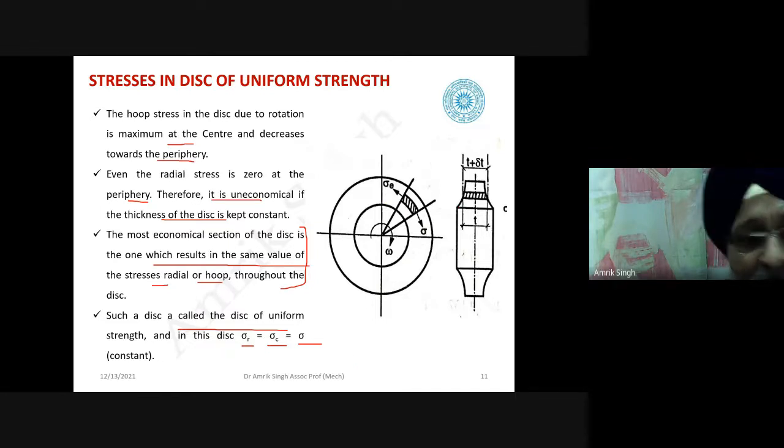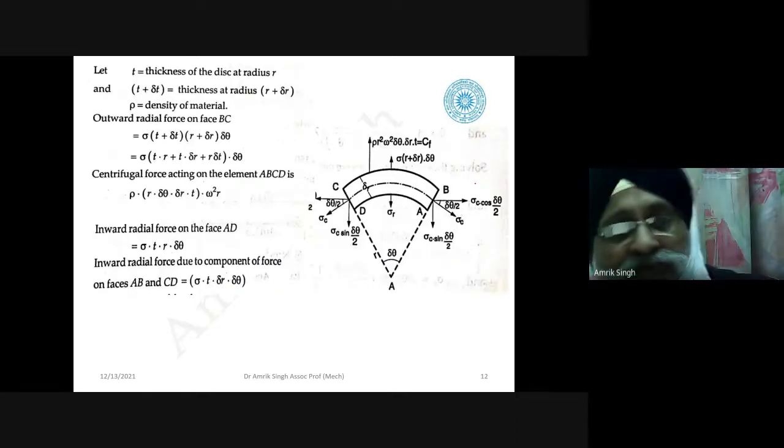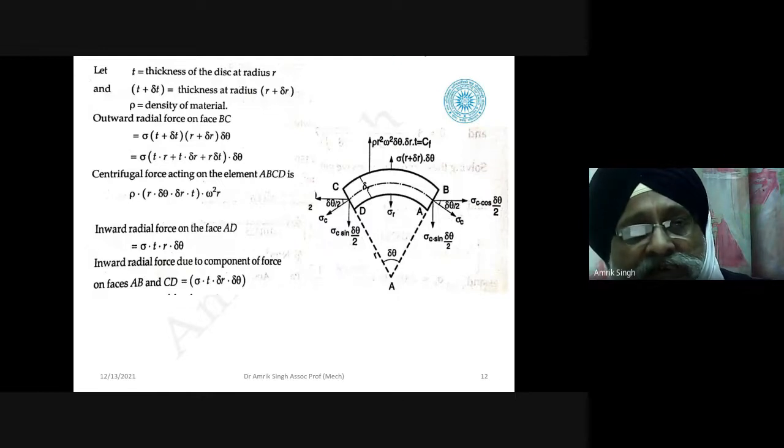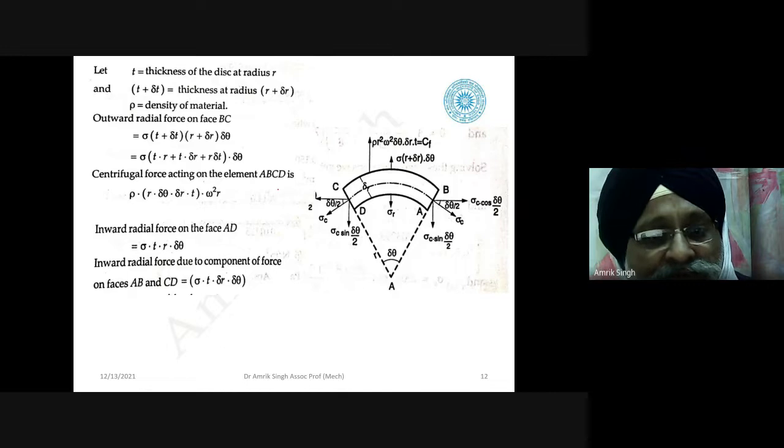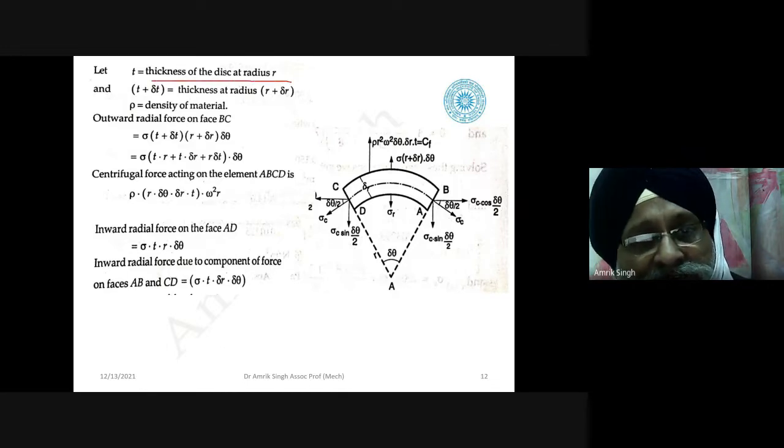So we design this and find what the radius should be, and what the thickness should be at the center and the periphery. So let us consider T as the thickness of the disk at a radius R, not at the center.